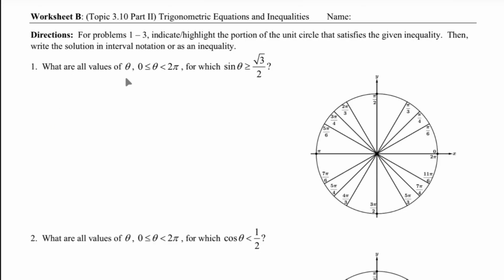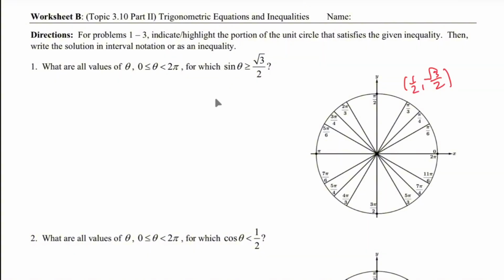What are all the values of theta, where theta is greater than or equal to 0 but less than 2 pi, for which sine of theta is greater than or equal to square root of 3 over 2? We know that sine of theta is square root of 3 over 2 at pi over 3. Right here, we know the coordinate of that one is this. So we want to know where the sine is greater than or equal to square root of 3 over 2.